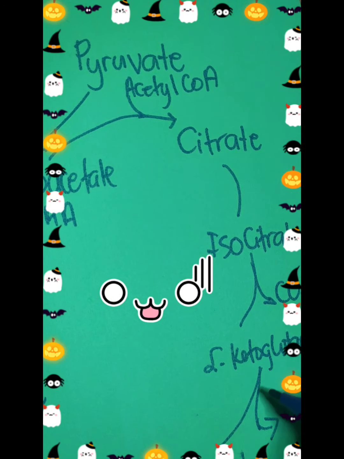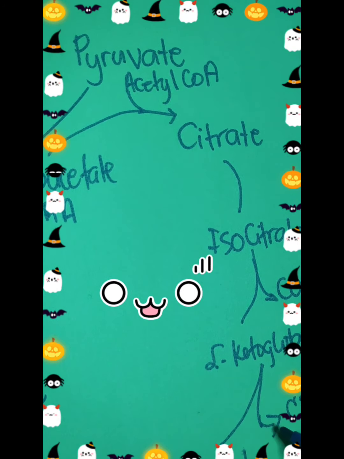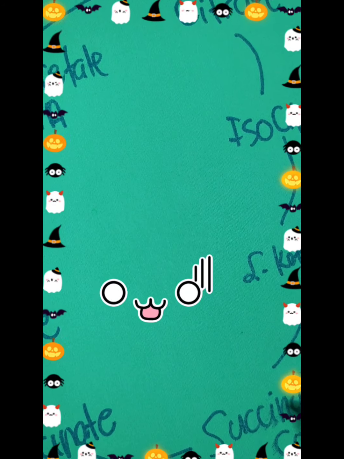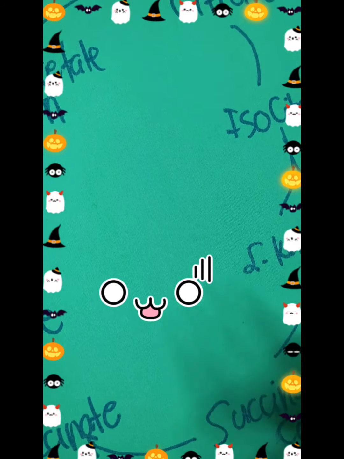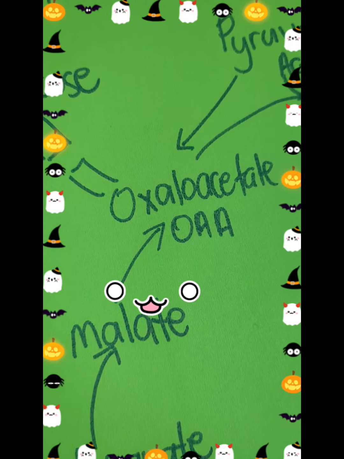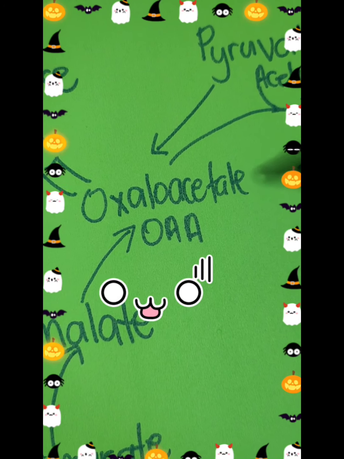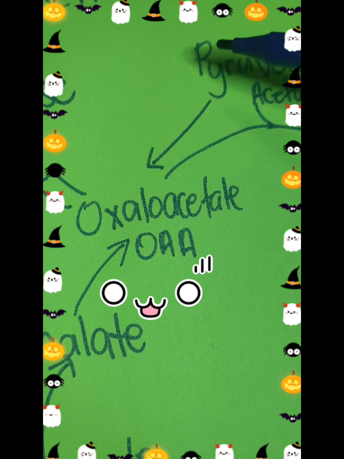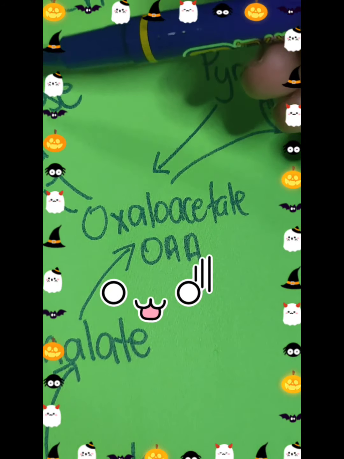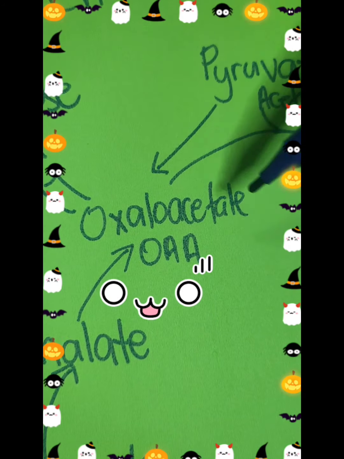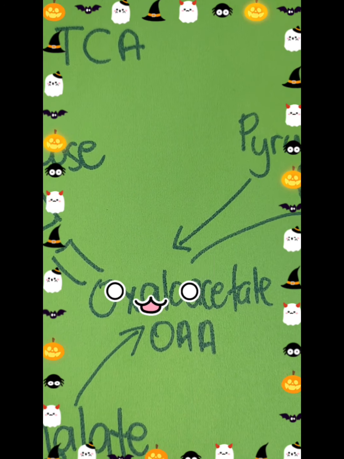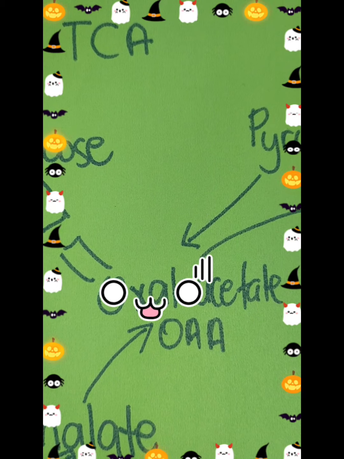And then alpha ketoglutarate will become succinyl CoA with the second product of carbon dioxide, followed by succinate, fumarate, malate, and then oxaloacetate. Now, actually, this part will play a role in gluconeogenesis. Okay? So later we will have to discuss this cycle.